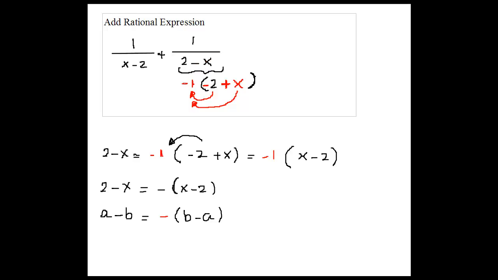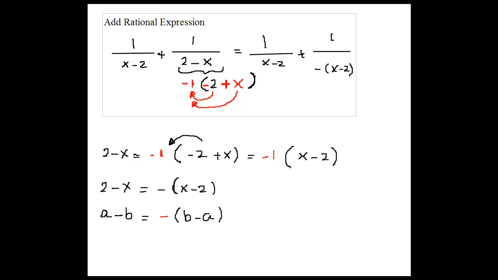So if I want to make this look exactly the same, I can keep the first one as is. Let's write it as 1 over x minus 2. And the second one, I can factor a negative 1, and I would get minus x minus 2 at the bottom of the fraction here.